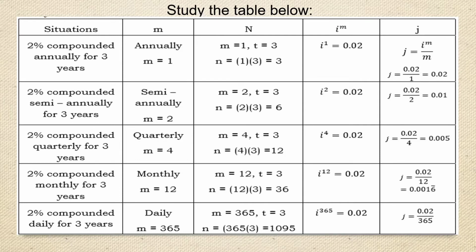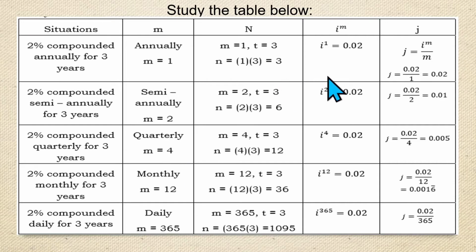In computing n, we're going to have the formula m times t. So m, which is annually, is equal to 1. The time will be 3 years, so t is equal to 3. So n is equal to 1 times 3, so n is equal to 3.